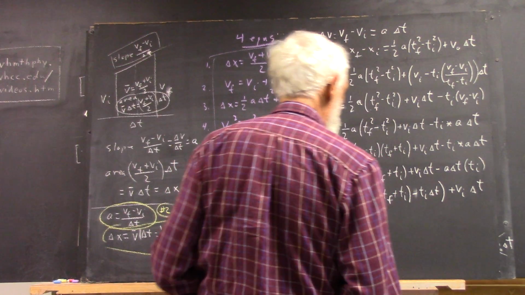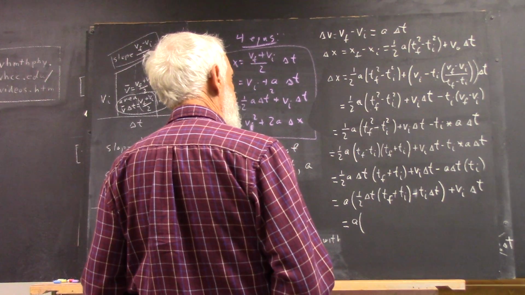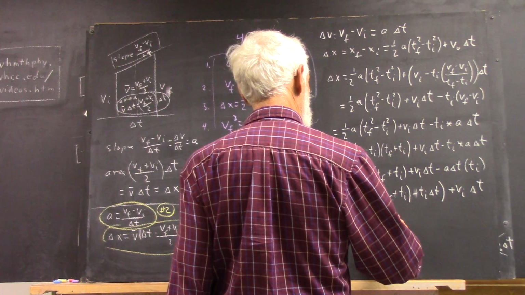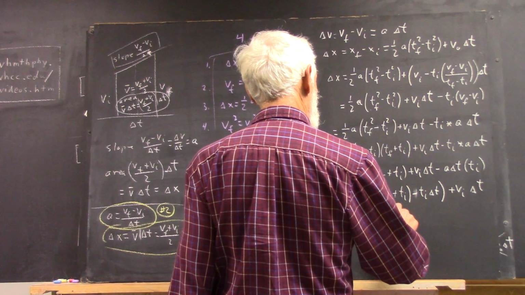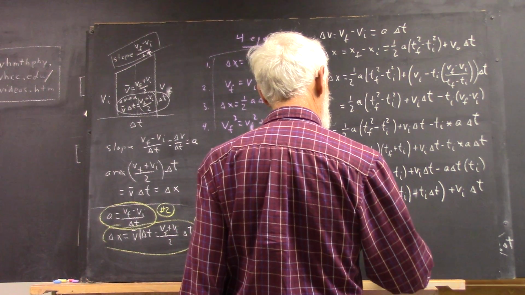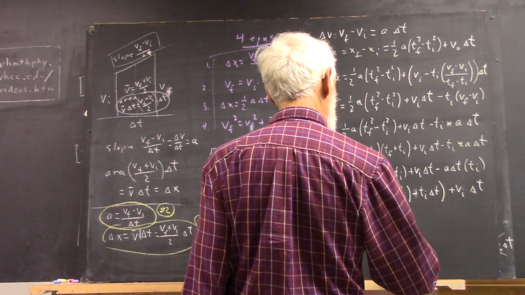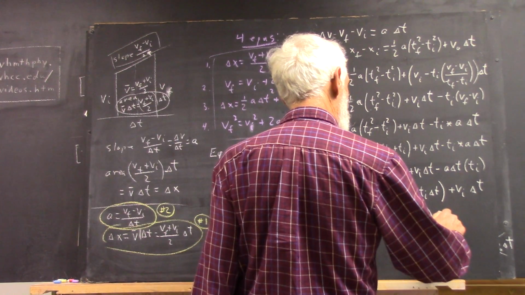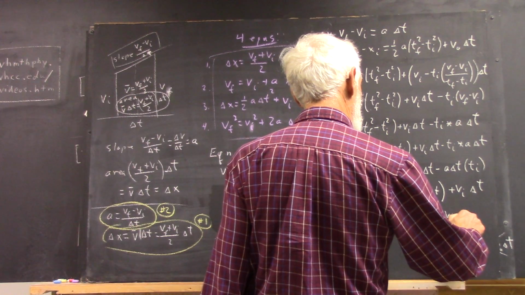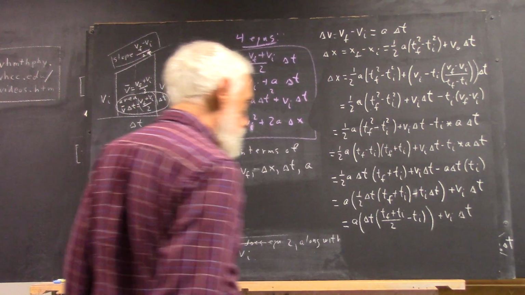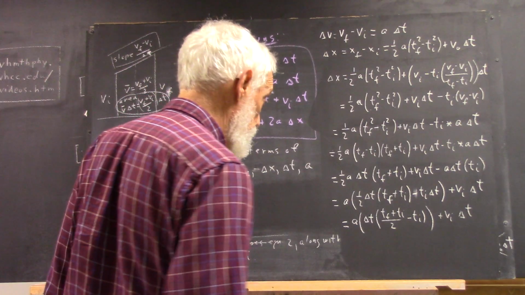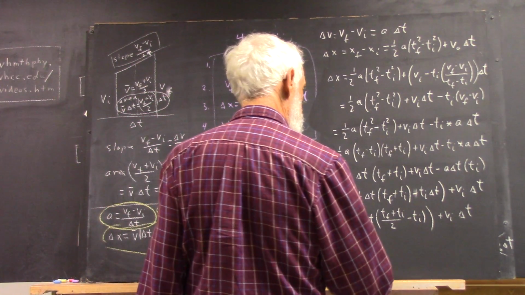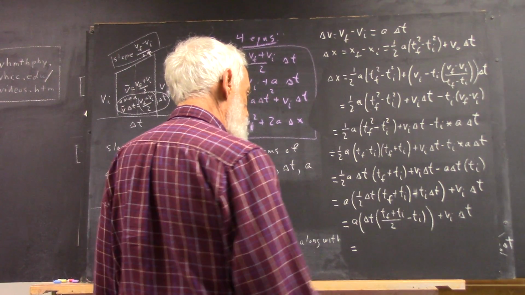A times what? I'm going to write this as delta T times (TF plus TI over 2 minus TI) plus VI delta T. And that's what?